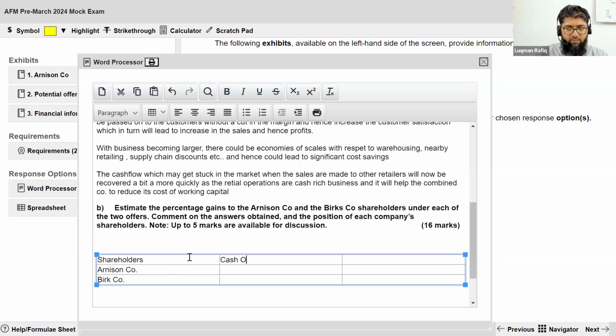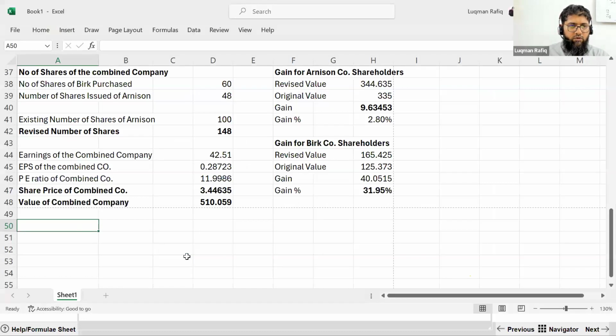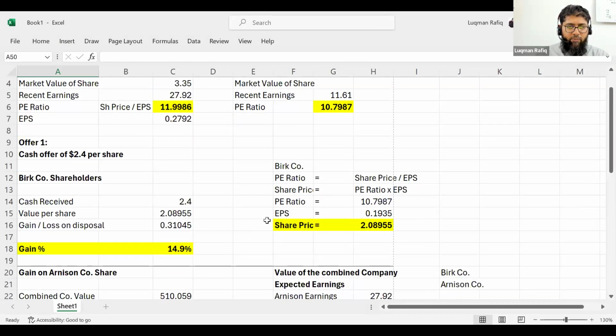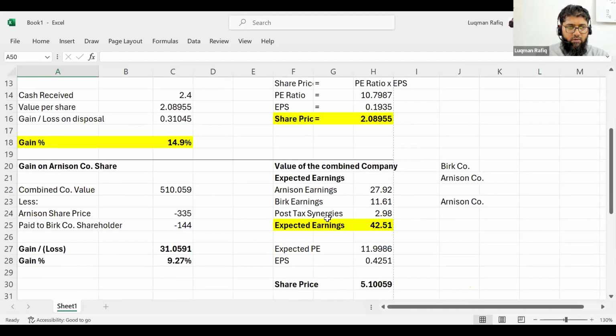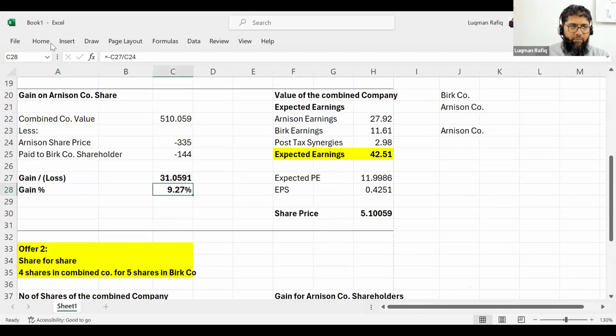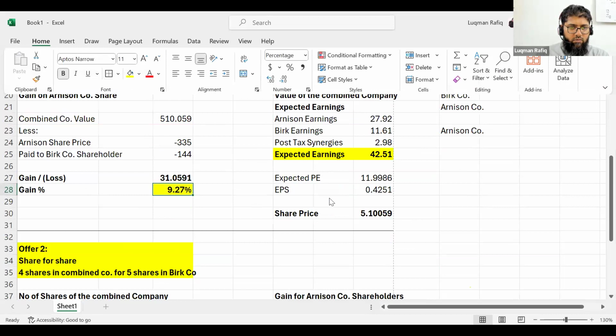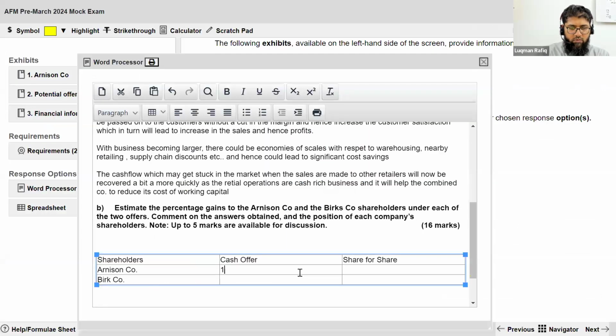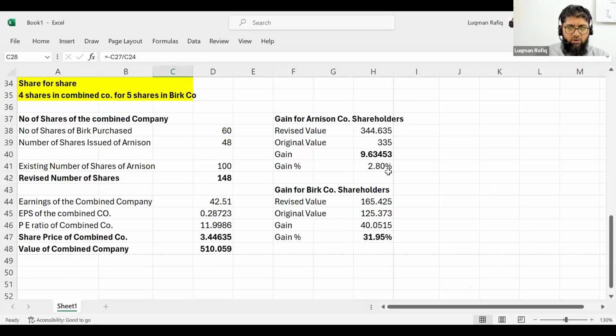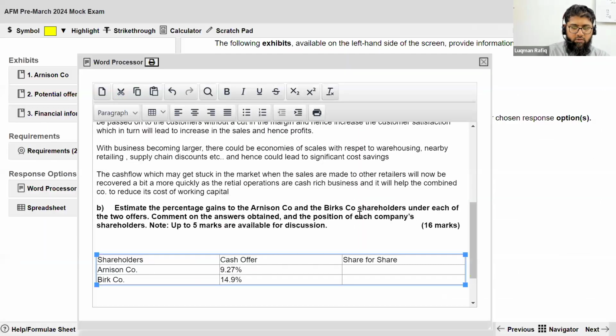Cash offer, share for share offer. So for the cash offer, it was 14.9% and 9.27%. For share for share, we had 2.8 and 31.95.